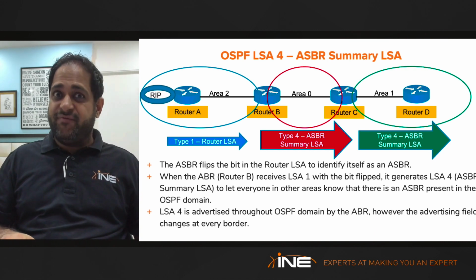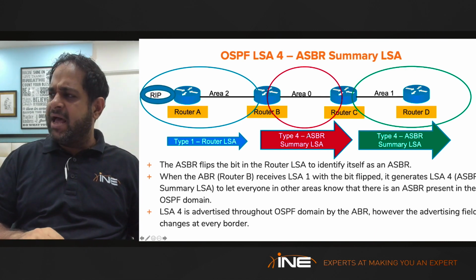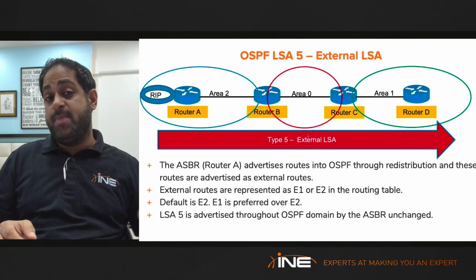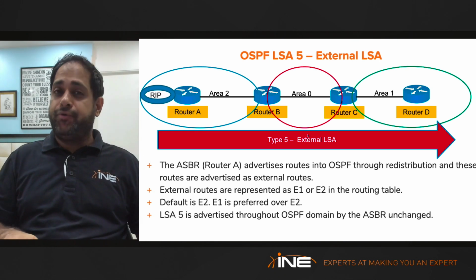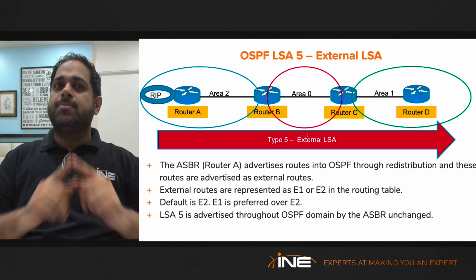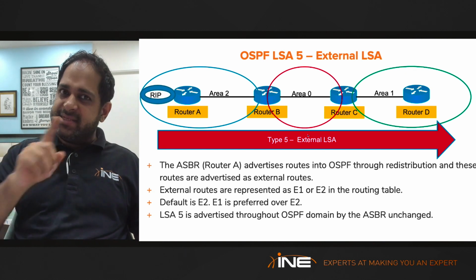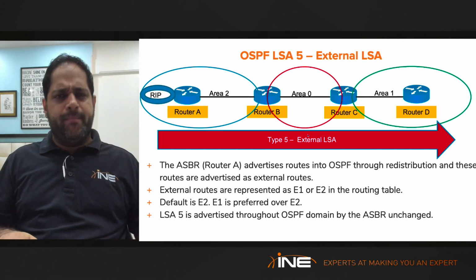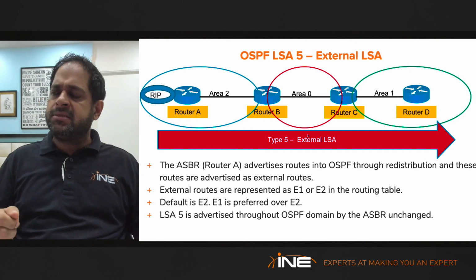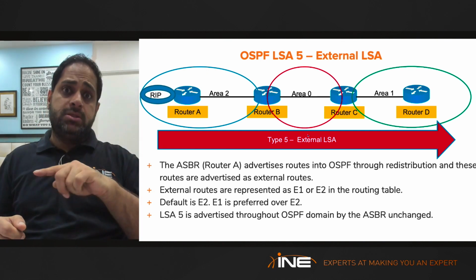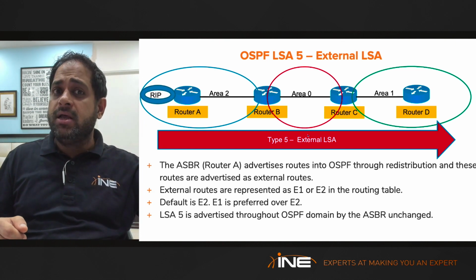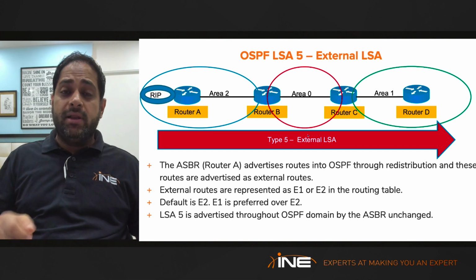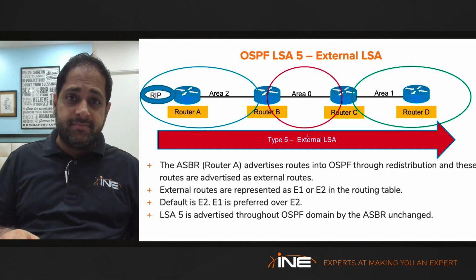So that is LSA 4. And then we have LSA 5, like I discussed. LSA 5 was exact prefix information, prefix information learned through redistribution, that comes from the ASBR. So LSA 5 is a prefix. A quick way to remember this is that all the odd LSAs, LSA 1, LSA 3, LSA 5, LSA 7, are all prefix information, updates.